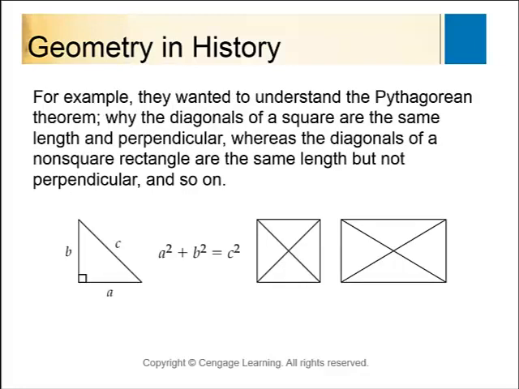So we started looking at things such as the Pythagorean theorem was developed, and why your sides outside of a square, they're all the same length, but the diagonals are not the same length. But the two diagonals in this square are exactly the same length to each other, and how this a squared plus b squared equals c squared developed.